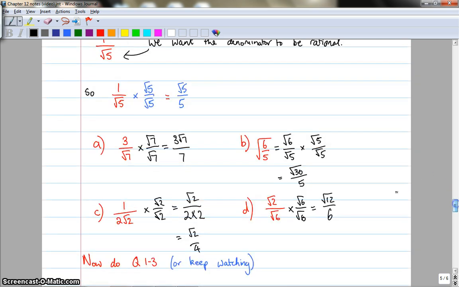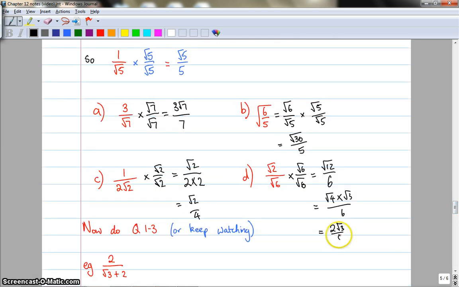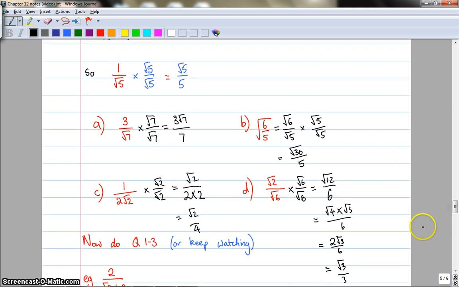Well, 4 will go into root 12, so that becomes root 4 times root 3 over 6, which is the same as 2 root 3 over 6. And that becomes, this bit is 2 root 3 over 6, which becomes root 3 over 3. Okay, so that's all we need to worry about for that one.